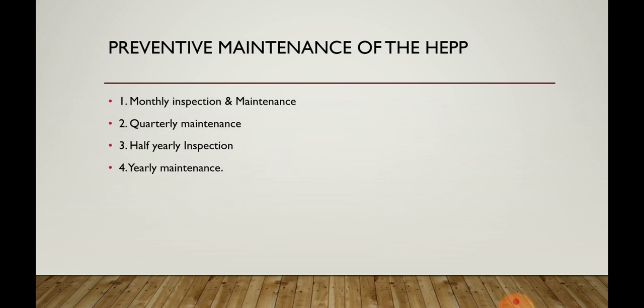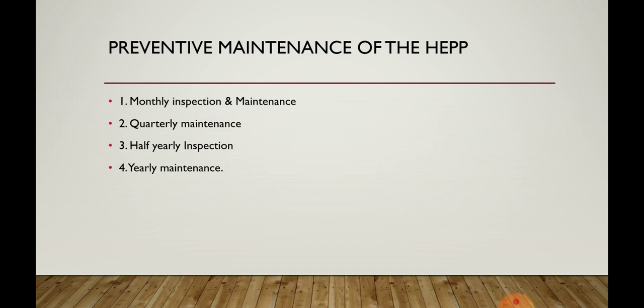The next is the preventive maintenance of hydroelectric power plant. Generally, maintenance is nothing but the set of activities that are necessary to keep the machinery, parts and equipment in good operating condition to avoid production stoppage and loss.